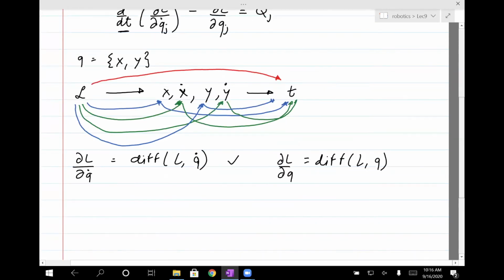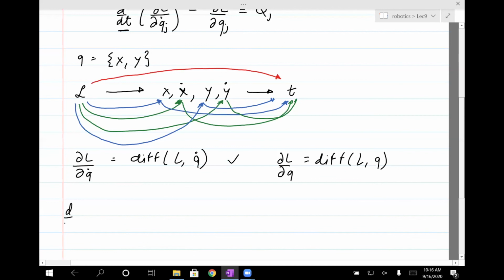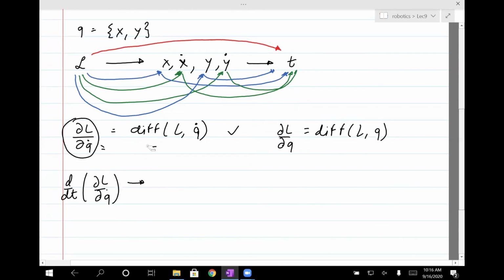That's also easy. So the hard part is d dt of dL dq dot. So how do we get this? So let's say that this term, I'll call that dL dq dot, because Matlab will not let me write it the way it is written here. So let me call it dL dq dot.